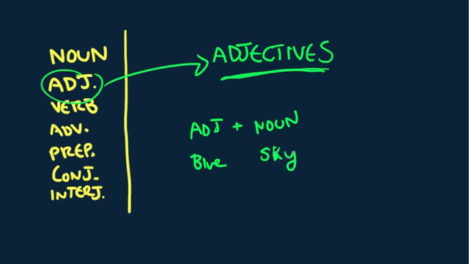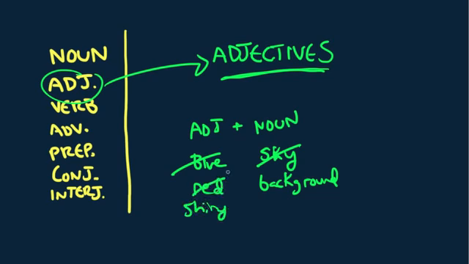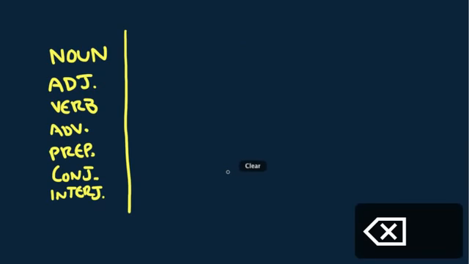You know, sky could be any noun. Like it could be blue background, or it could be a different adjective like red or shiny. So just remember, adjectives are things that describe nouns. That's all you really need to know about adjectives for now.